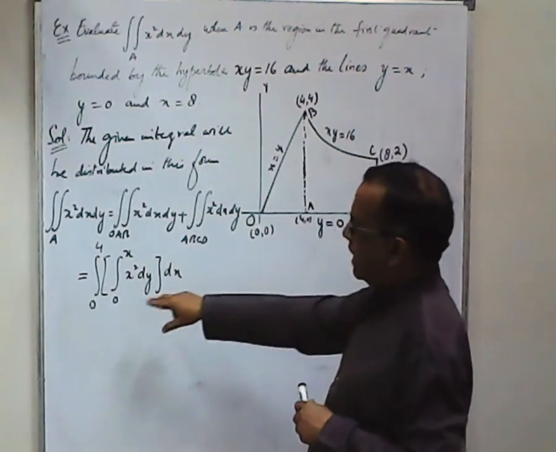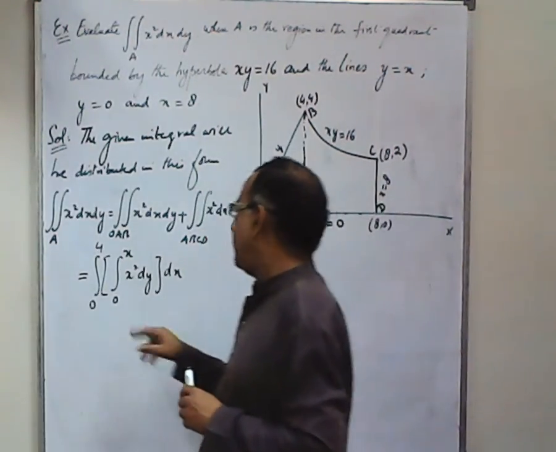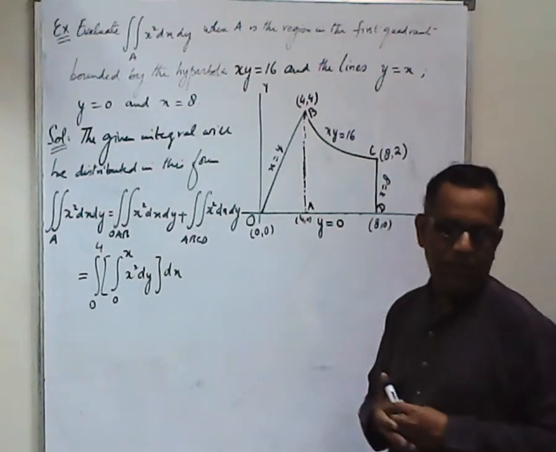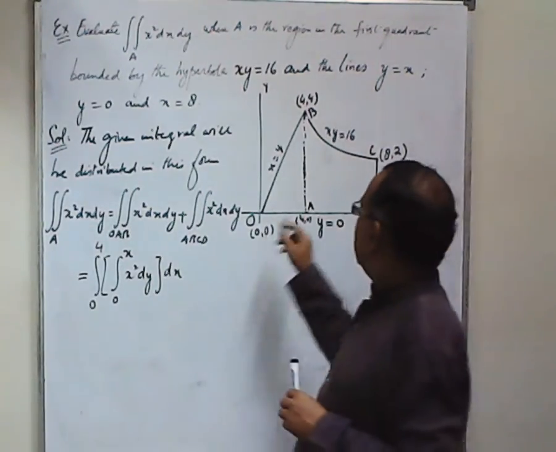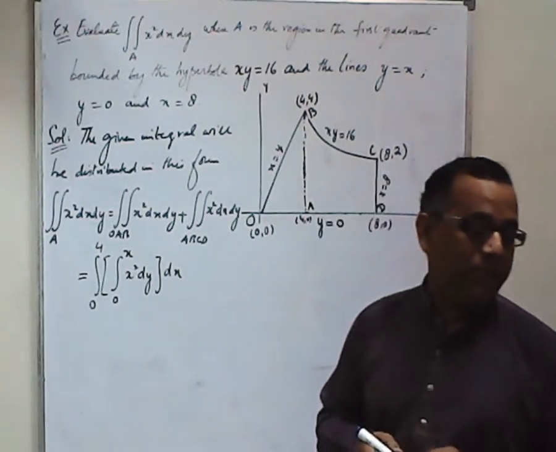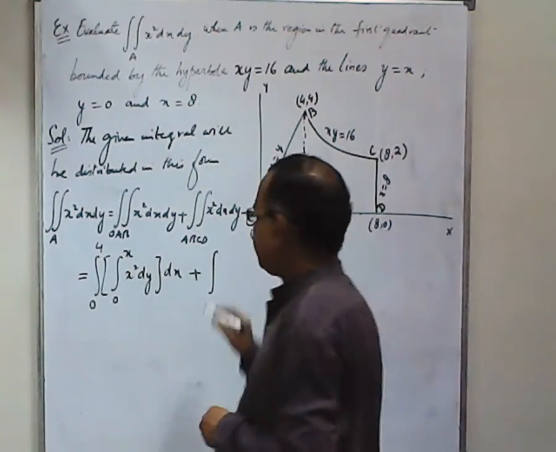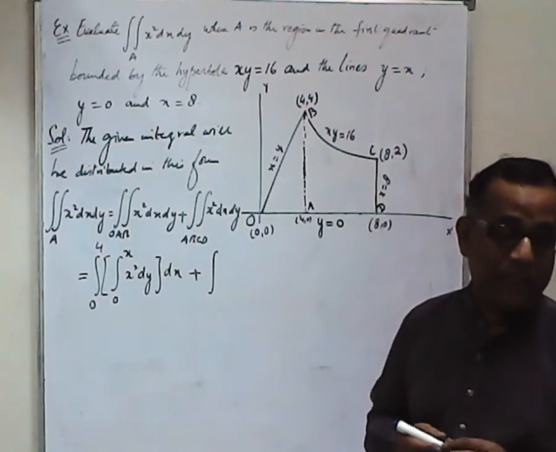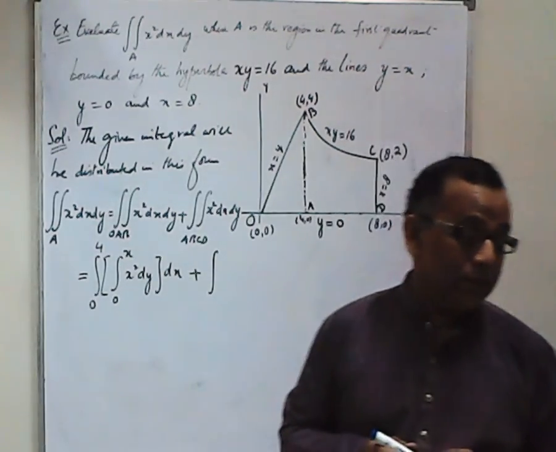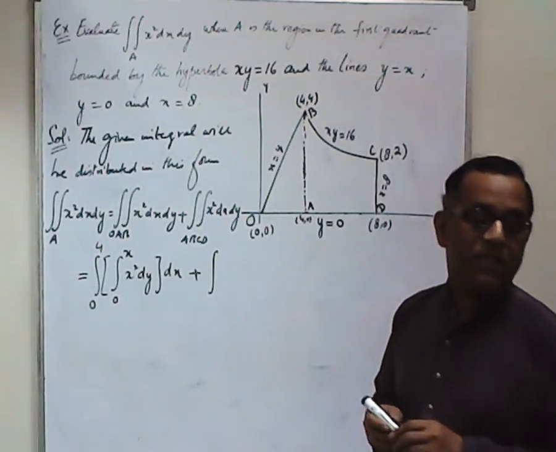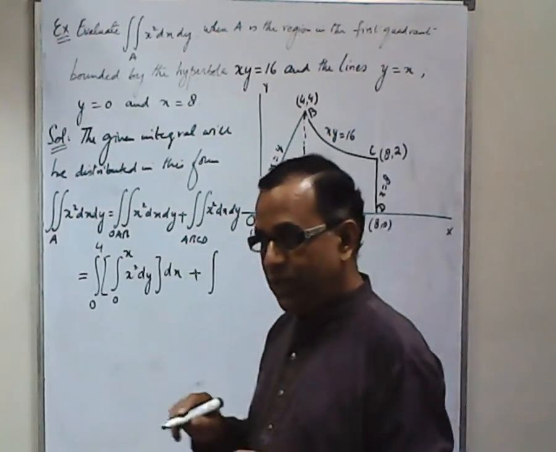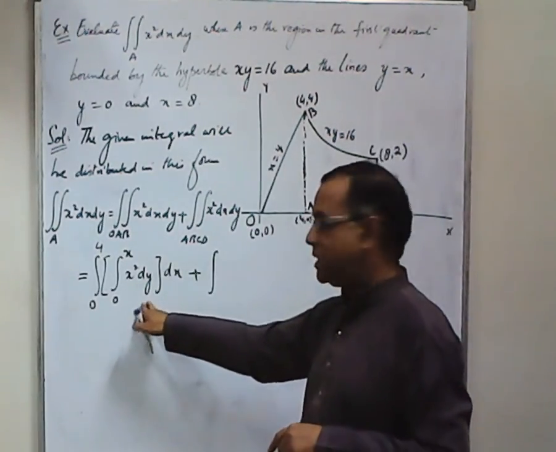So limits of x will be 0 to 4 and limits of y will be 0 to x for the triangle OAB. Then similarly for the quadrilateral, we are again following the same pattern, that we are trying to integrate with respect to y first and then with respect to x, what we did here.